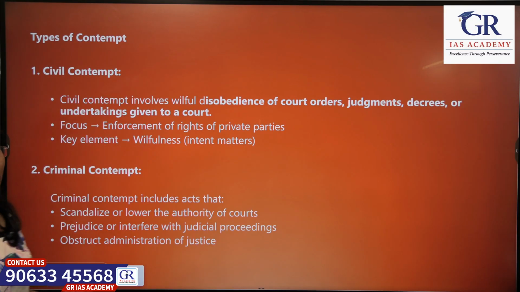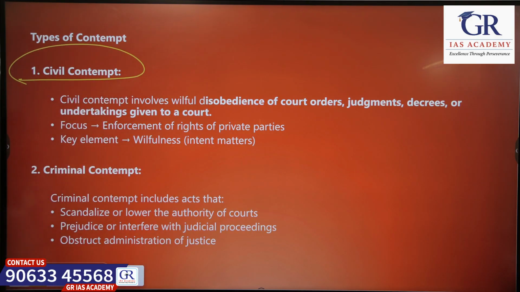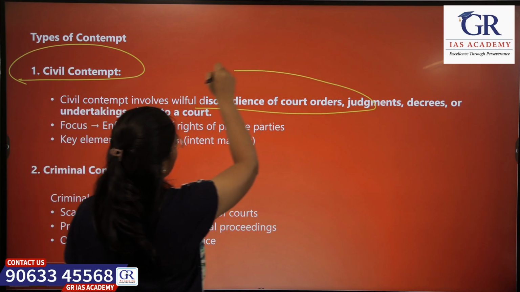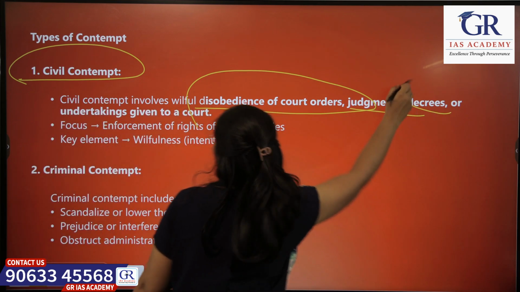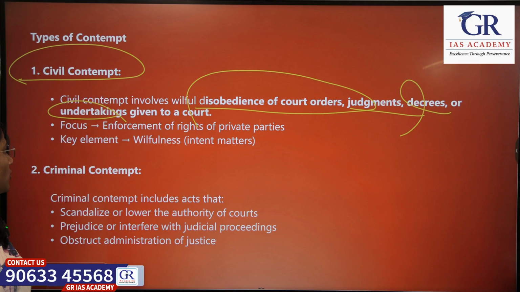So let's see the types of contempt. The first one is civil contempt. It is disobedience of court orders, judgments, decrees or any undertakings given to the court.